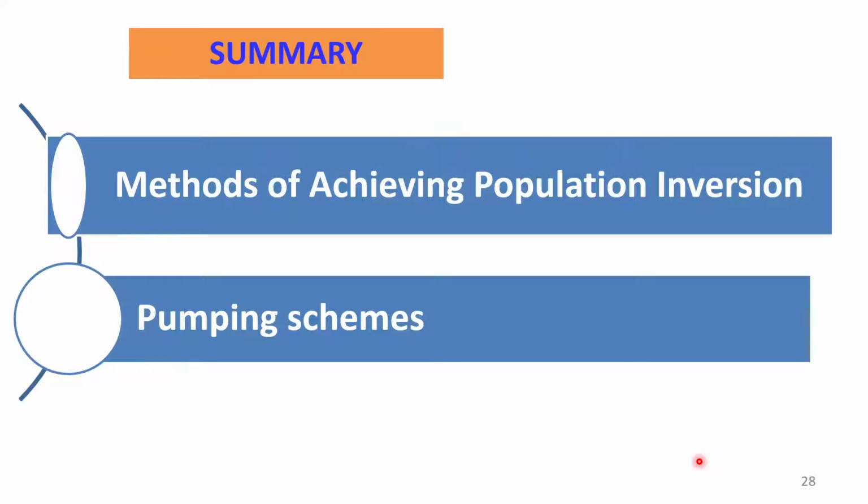So you have to remember the schematic diagram of these pumping schemes, their working according to the energy levels, the drawbacks and advantages of the pumping schemes, and also the different methods of pumping and how they work and where these pumping methods are suitable for the different types of lasers here.